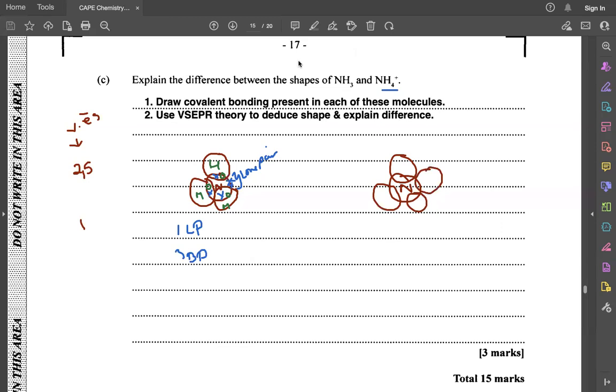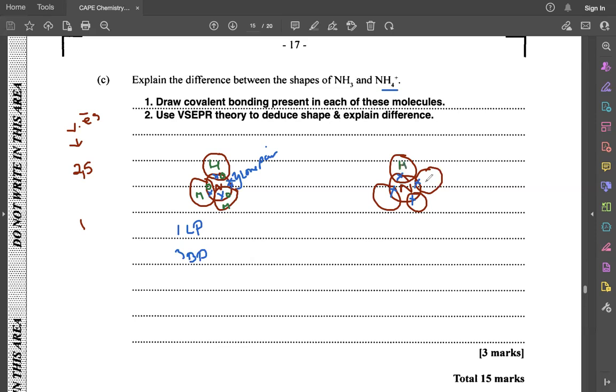And again, nitrogen has 5 valence electrons, so we have to make sure that we account for that. So let's draw all our nitrogen electrons. That would be 1 here, 1 here, 1 here, and 1 here. And then let's draw our hydrogen ones in green.